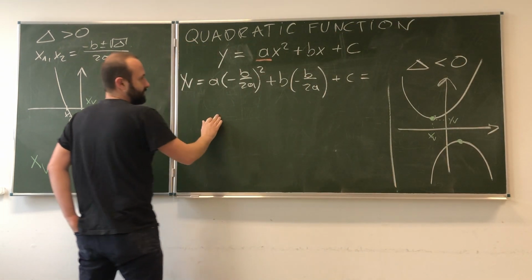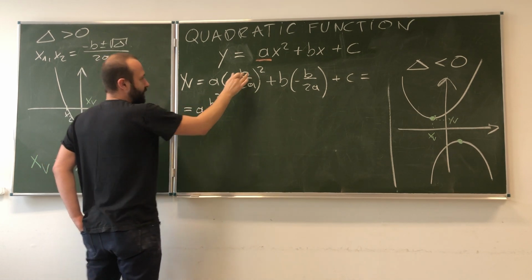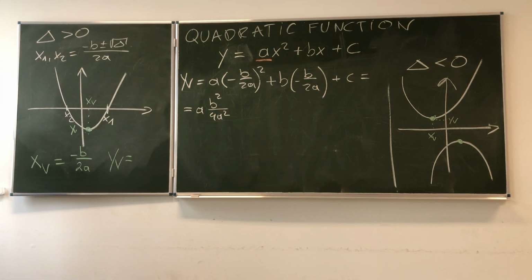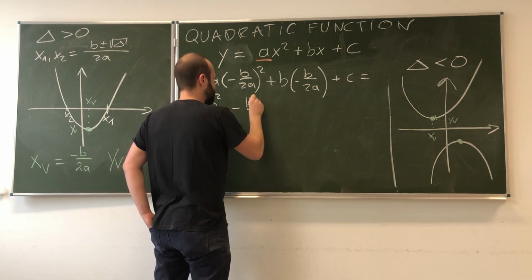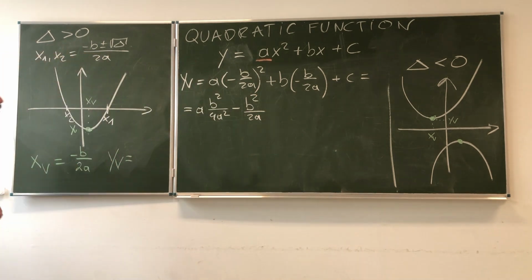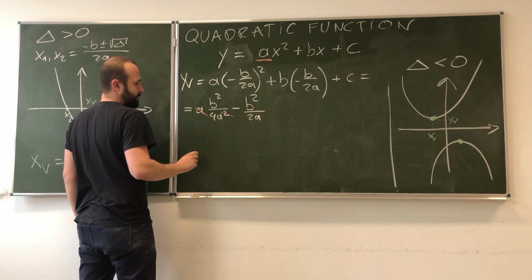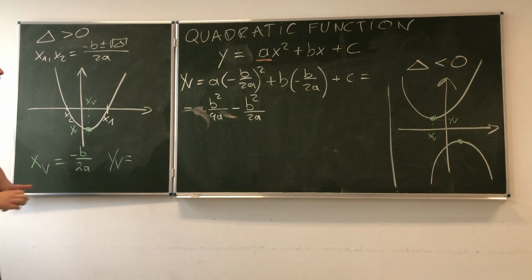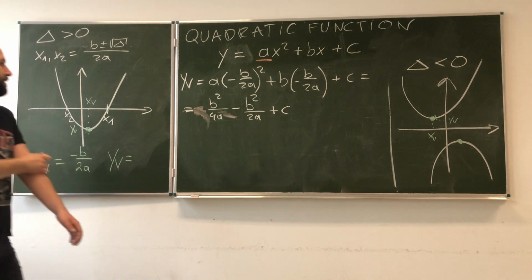And we've got that this is a times b squared over 4a squared, right? Now, out of this, I'm getting that this is negative b squared over 2a. Okay, maybe let's do one thing right away. You see, a is here, a squared is over here. So they cancel each other out. So let me just get rid of it right away. Okay, and finally, we've got plus c.